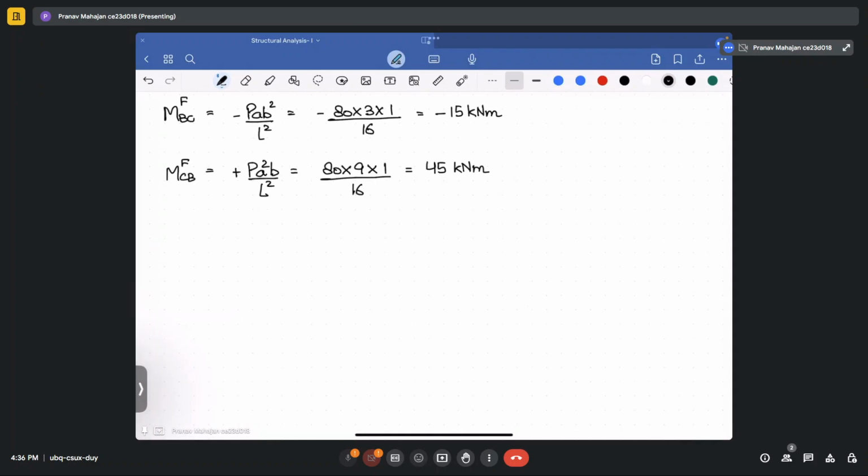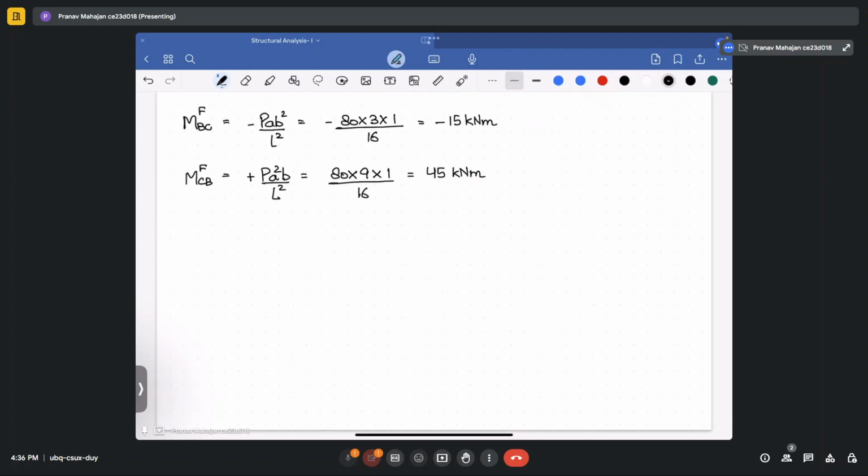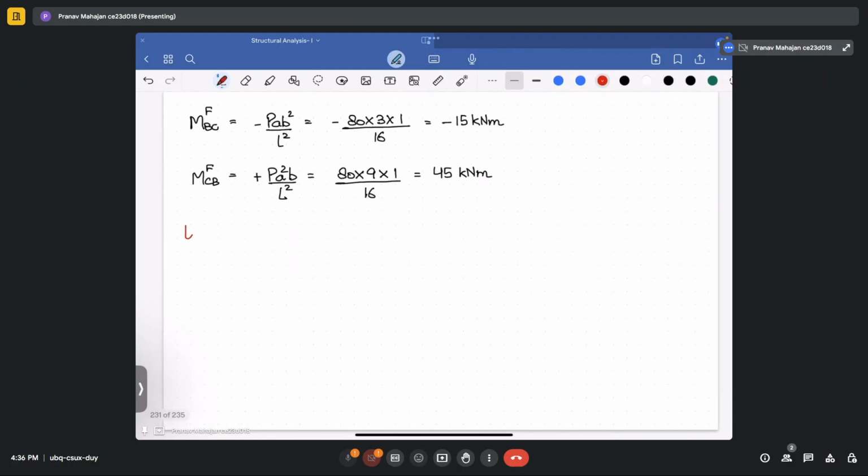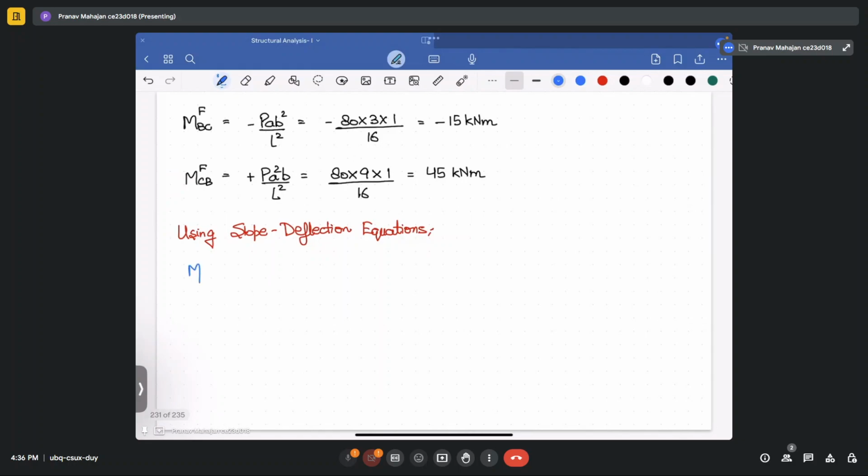Now you have calculated all the fixed end moments. Now we can directly apply the slope deflection equations. Our MAB will be equal to, what value do we have?